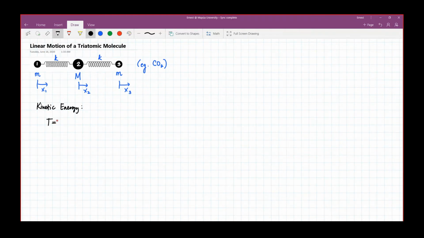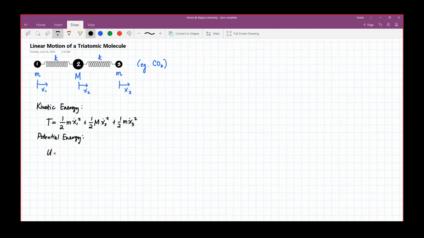The kinetic energy of the system is of course given by 1/2 m x1 dot squared plus 1/2 capital M x2 dot squared plus 1/2 small m x3 dot squared. And the potential energy would be the potential energy associated with the two springs.